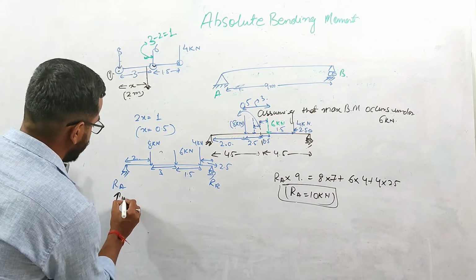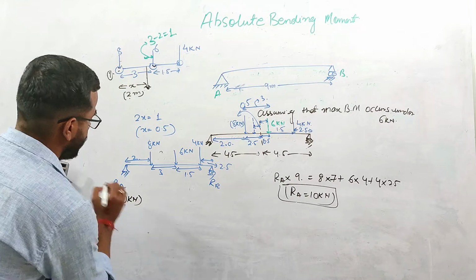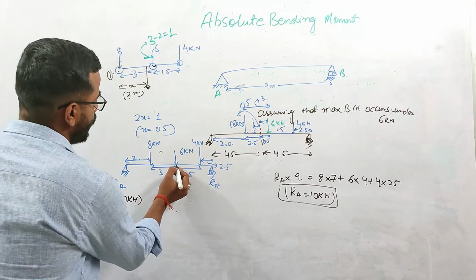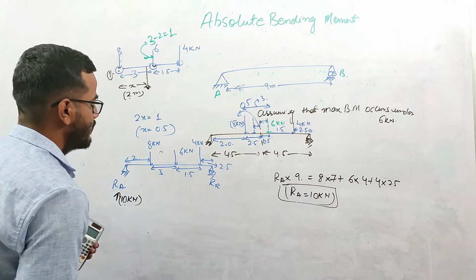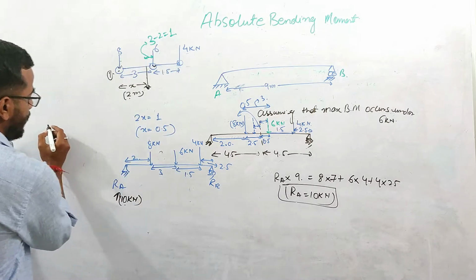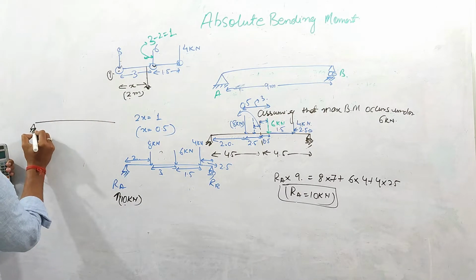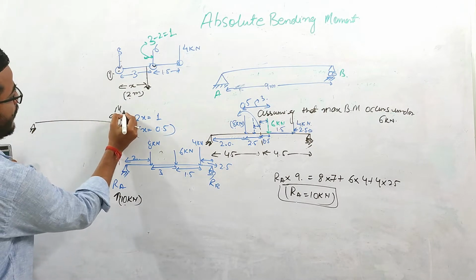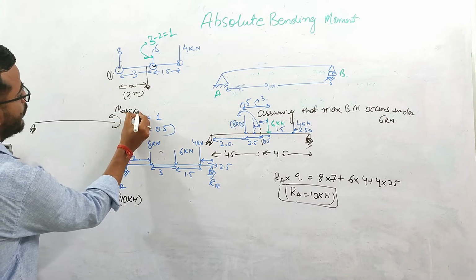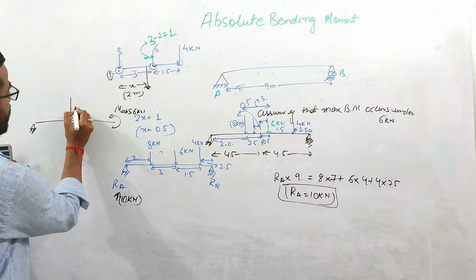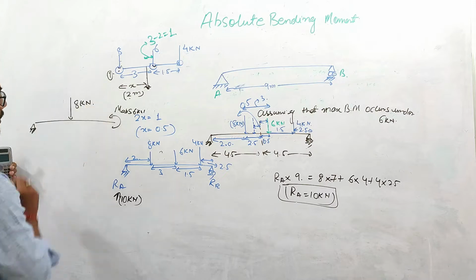So this value is 10 kilonewton. Now we want to find what will be the moment under this 6 kilonewton load. If we draw the free body diagram, it will look like this: M absolute moment under 6 kilonewton load. So here will be the 8 kilonewton load.